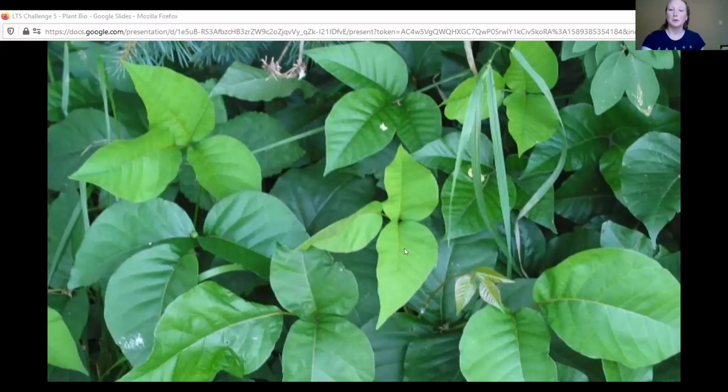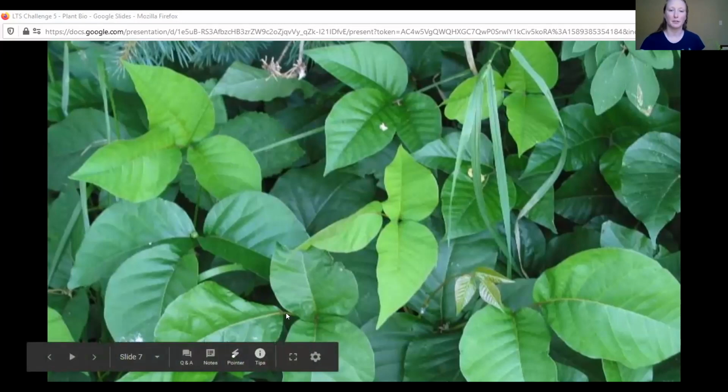And those leaves are arranged, there's 2 that are directly across from each other. And then that 3rd leaf is perpendicular, or at a right angle, to the original 2, okay? So we can see this one, there's 2 across from it, and there's a 3rd one that's perpendicular. 2 across down here, 3rd one is perpendicular.